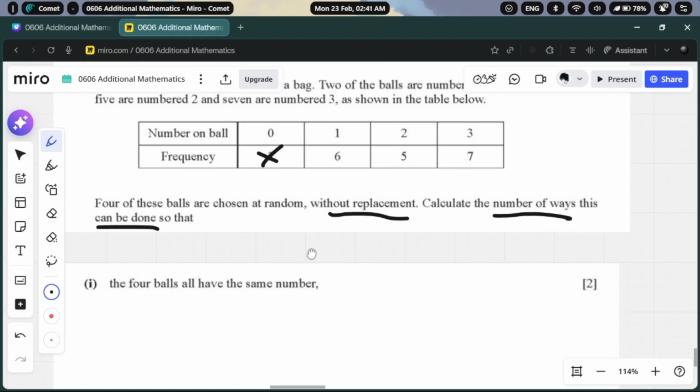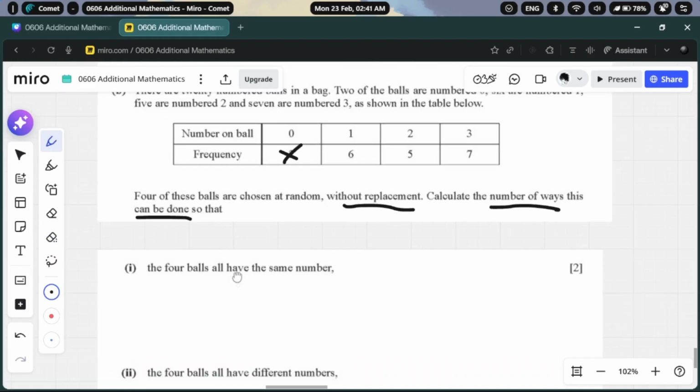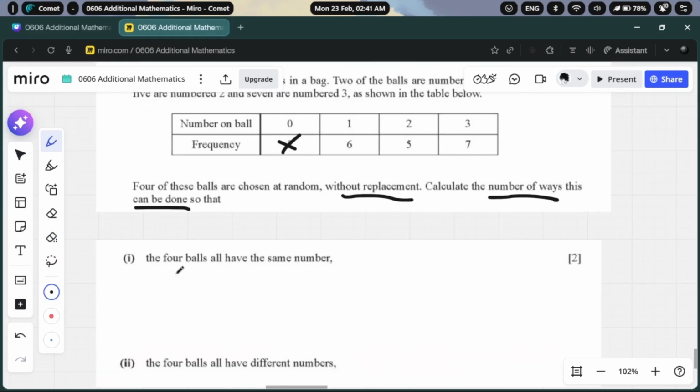So starting with that, you can either do 6C4, or you could do 5C4, or you could do 7C4. Basically selecting 4 balls from the given frequency. 6C4, 5C4, 7C4, which would be equal to 55.